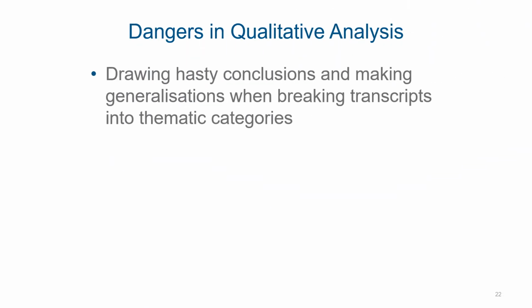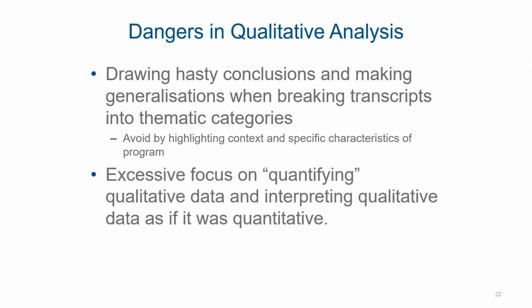Some of the problems and dangers in qualitative analysis is that sometimes we draw hasty conclusions and make generalizations too early. Avoid this by highlighting context and specific characteristics of the program. We sometimes try to quantify qualitative data, but of course there's no statistical relevance to doing that, though it can help understanding.